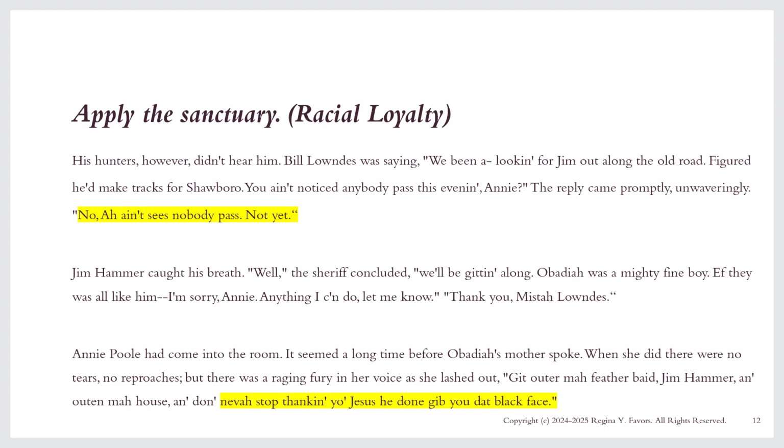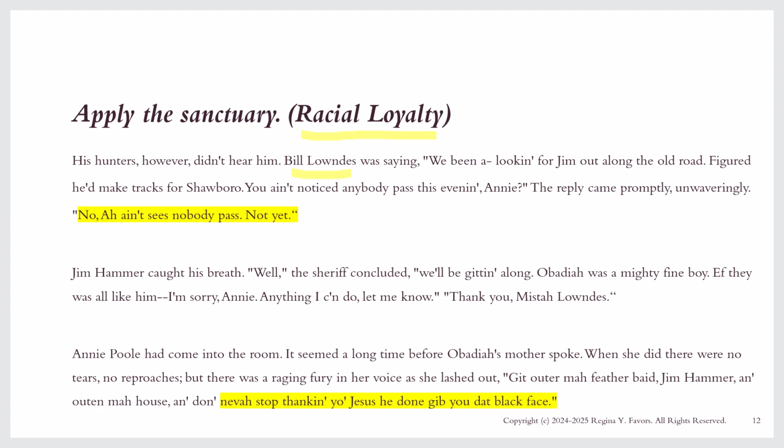So the racial loyalty, even though when confronted with a white man who is sheriff at this time, Bill Lowndes, to reveal where Jim Hammer is, she bases her decision to not tell him where he is on race loyalty. There will be loyalty to Bill Lowndes and his race.